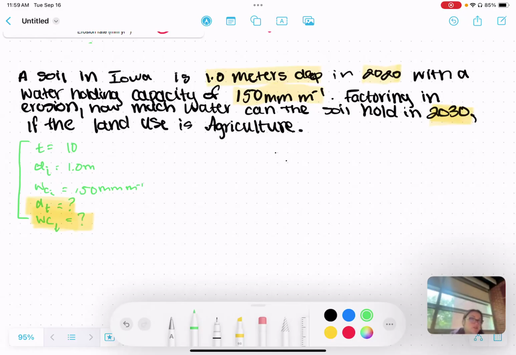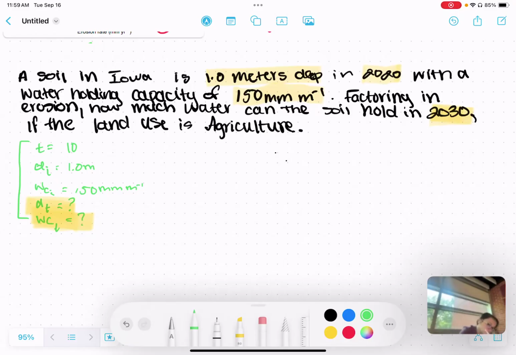So we need the new depth so that we can get rid of the meters. Hopefully that makes sense. Take a moment to process that. Really, what I'm saying is once we know the new soil depth, all we'll have to do is multiply by the current water holding capacity so that we can find the new one.